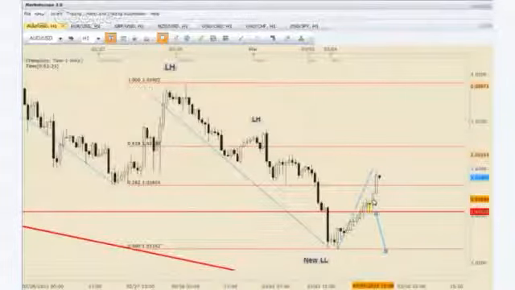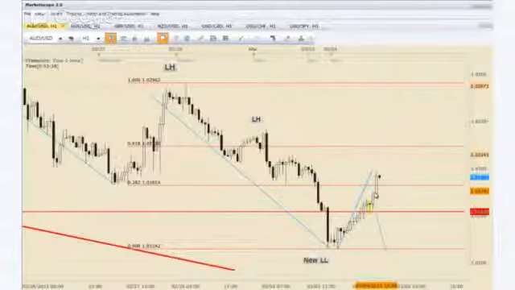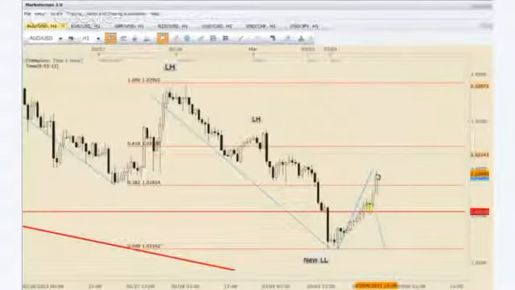And boom, you would have seen the 1 o'clock bar, 2 o'clock bar, price still kept moving up. This is 12 o'clock in the day on Monday here.